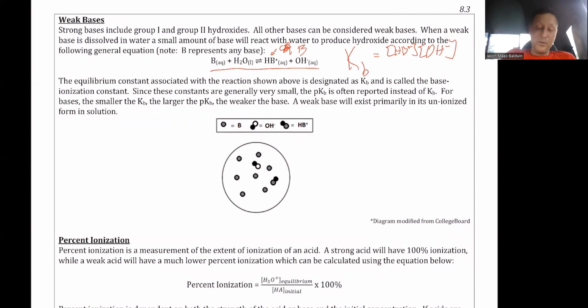And so HB+ times OH- over the concentration of the base. So that's our equilibrium expression for Kb.